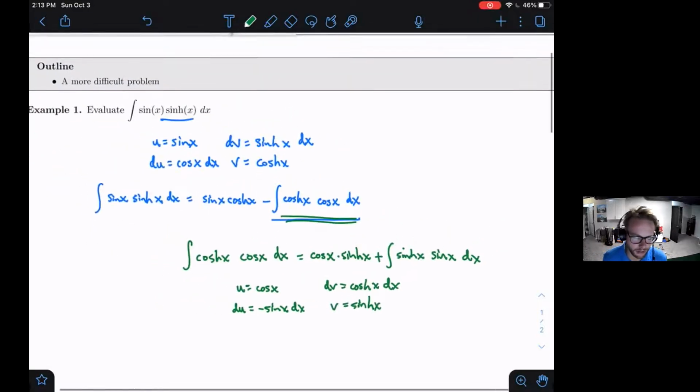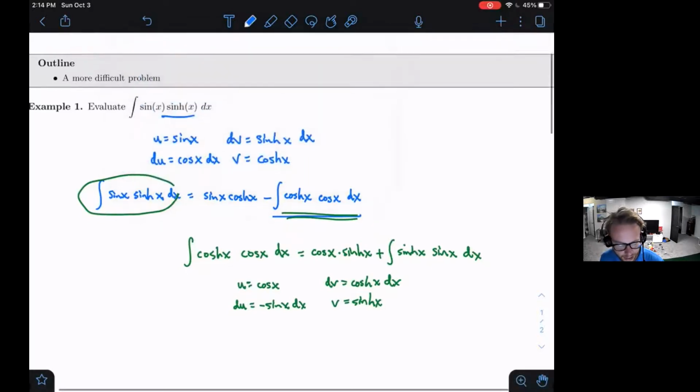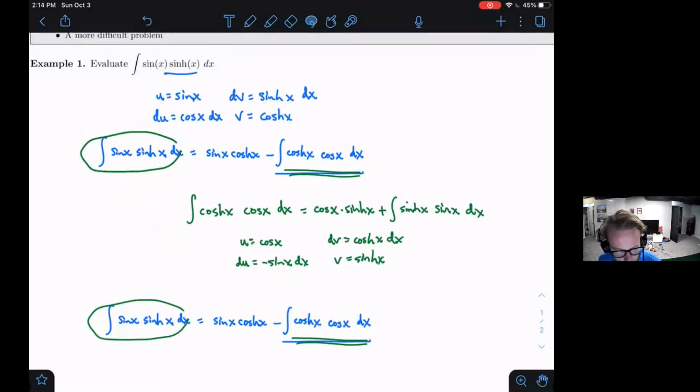And this is what I was talking about, where it wraps around on itself. So we can see that here was our original integral, and after 2 iterations of integration by parts, we get that same quantity again showing up. But let me go ahead, we need to carefully plug this in. So I'm going to cheat using technology a little bit here. I'm going to copy, paste.